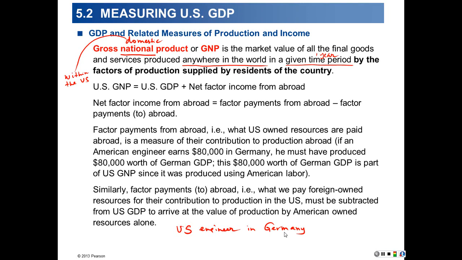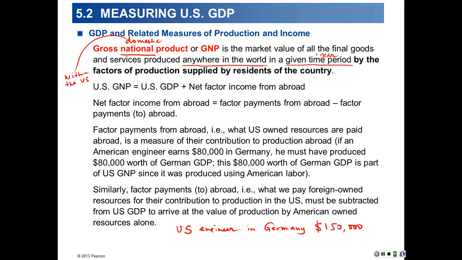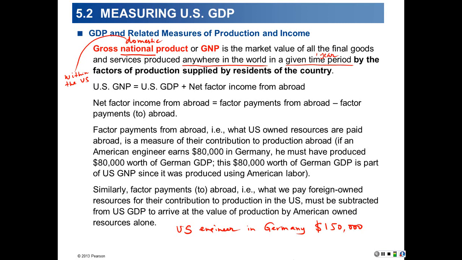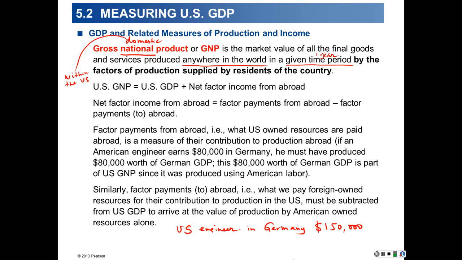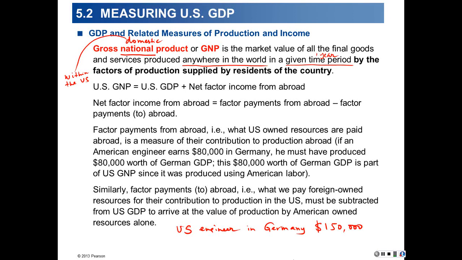Right? And let's say this guy's salary converted into American money is $150,000. Correct? Now he is an American resource. Is that correct? He is an American resource. So his production by him anywhere in the world is part of US GNP.